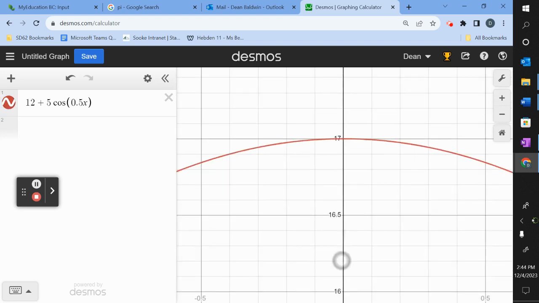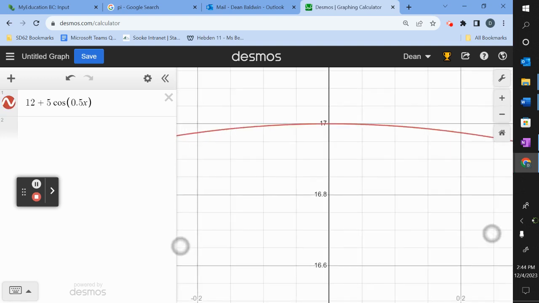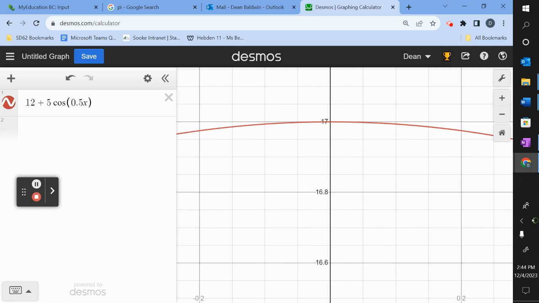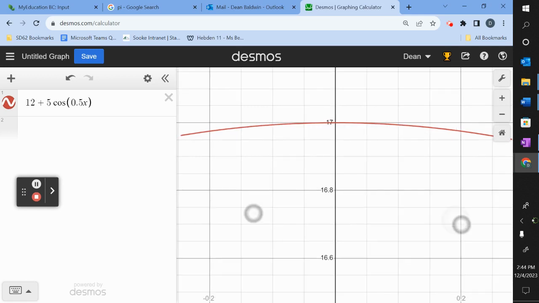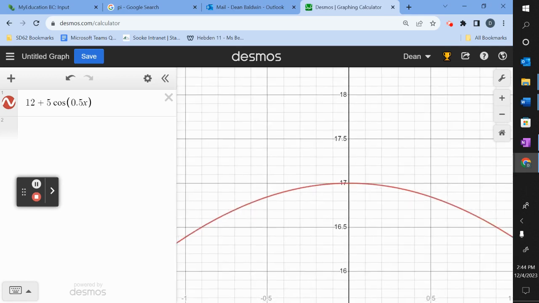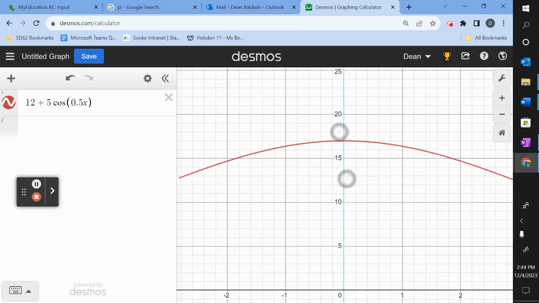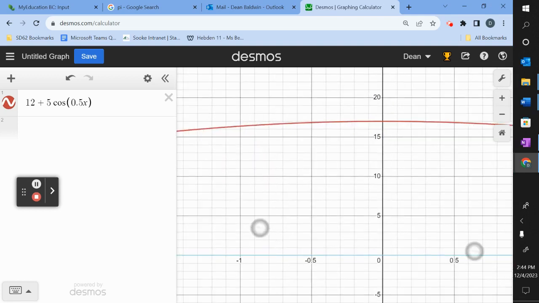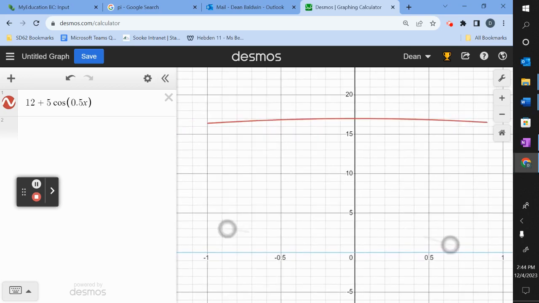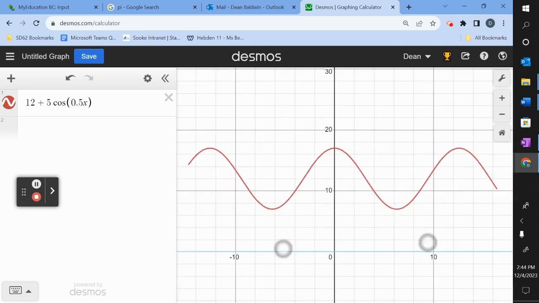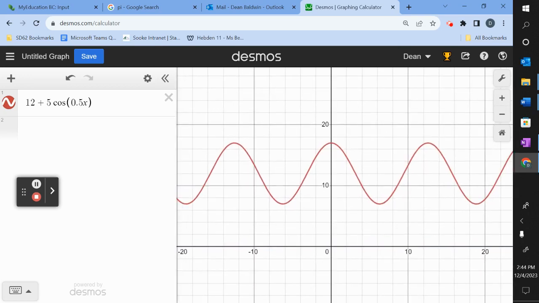If it looks like a linear line, it just means you're zoomed in too far and you've got to change the axes. So you have a choice. You can either just do it on your touch screen. If you zoom out, then it goes flat. But if you zoom in, you get that.